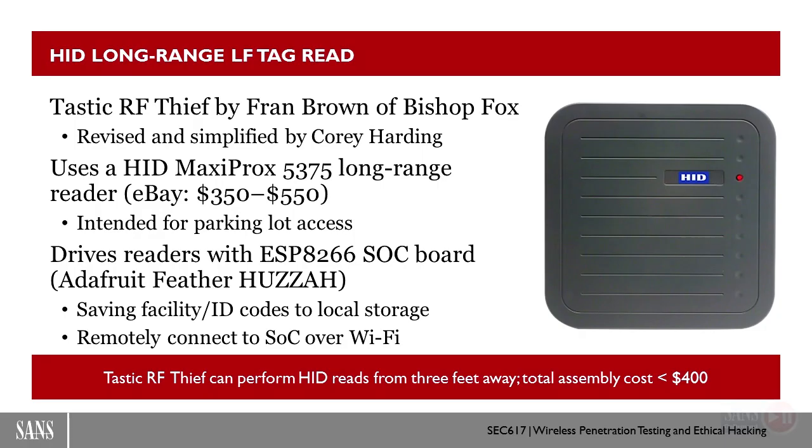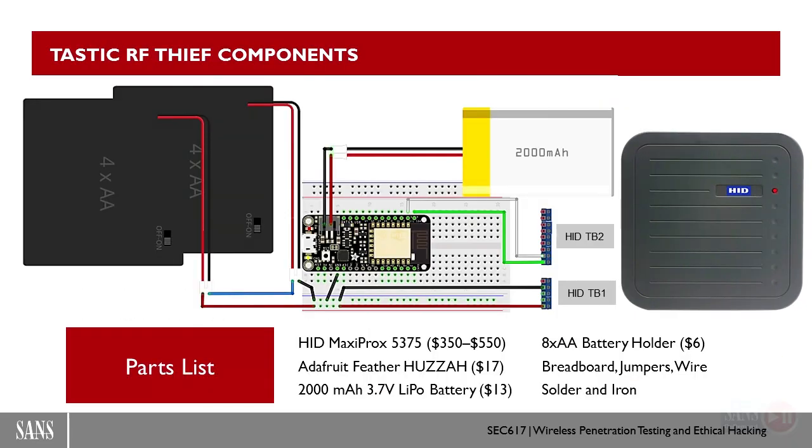The big cost here becomes the actual reader itself. The rest of it is fairly inexpensive. So thinking about what we need to do to build this is that we need the reader to have power, and we need to intercept and capture the Wiegand data as it was actually intended to be installed to some device, and that happens to be the Adafruit Feather Huzzah in this case.